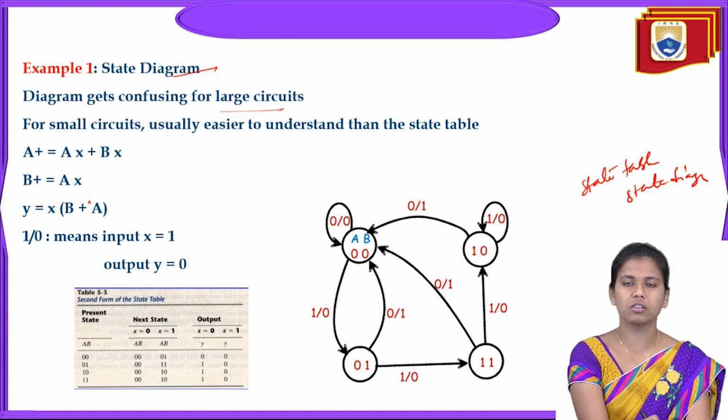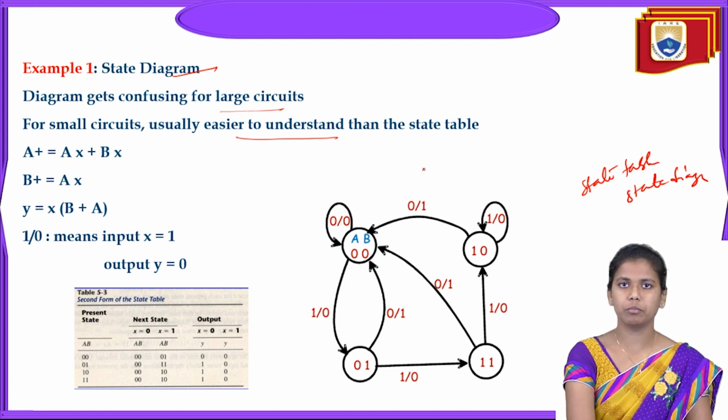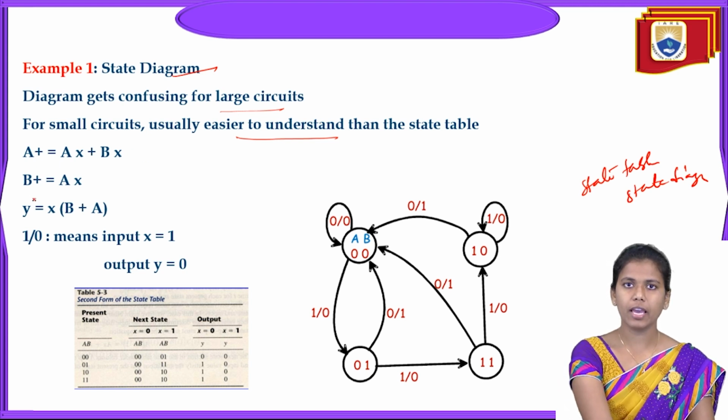So in a small circuit, the diagram is usually easier to understand than the state table. As I'm considering a very small example, it's very easy to understand the state table as well as the state diagram. Here we have A and B, which are the two states.